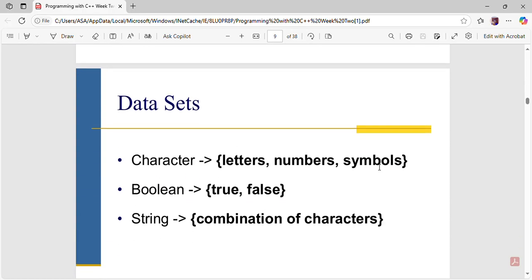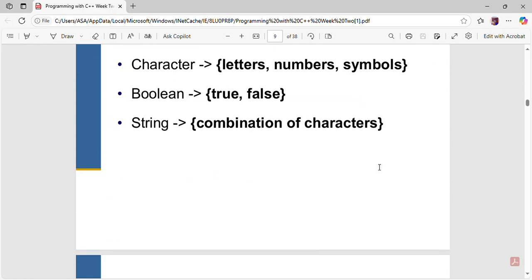We have the character, which is the letters, numbers, and symbols. We have the boolean, that's true or false. We have string, that's the combination of characters. When letters, numbers, and symbols are combined, they are called a string, which is a data set.